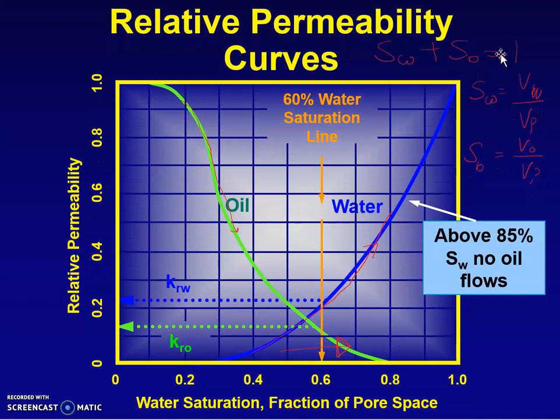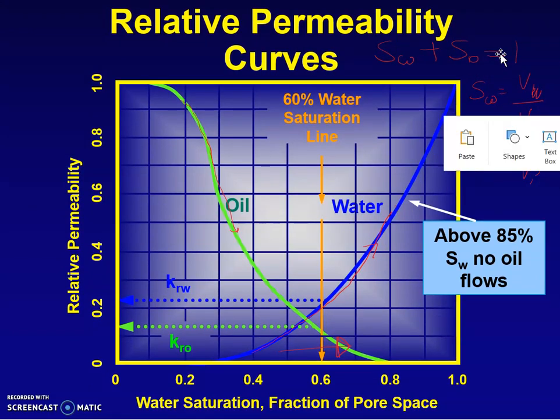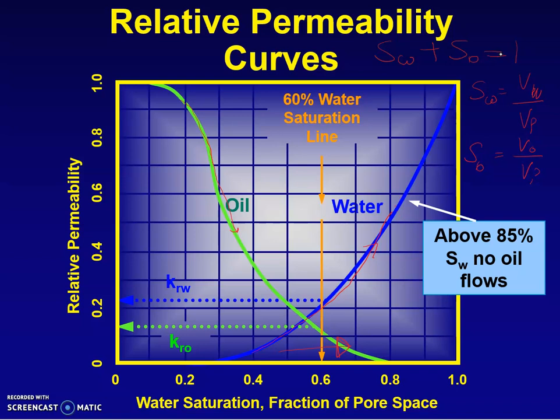And you can see from this figure that as the water saturation increases, it means the oil saturation is dropping, and the relative permeability of oil also drops. So the relative permeabilities both are functions of saturations, right?